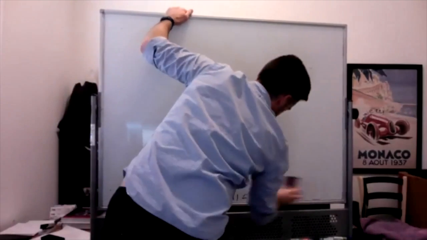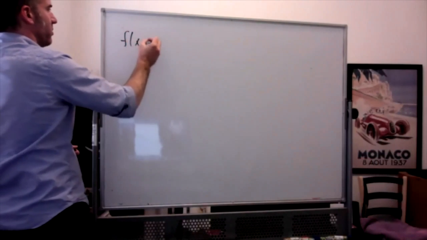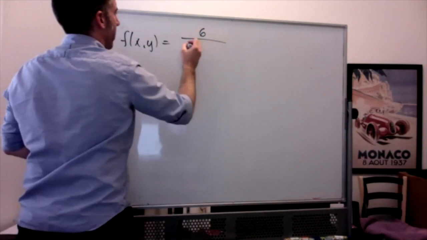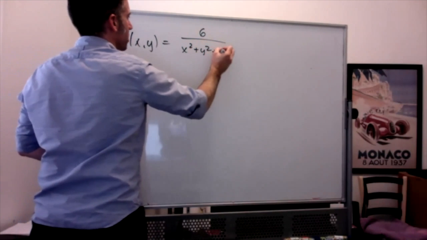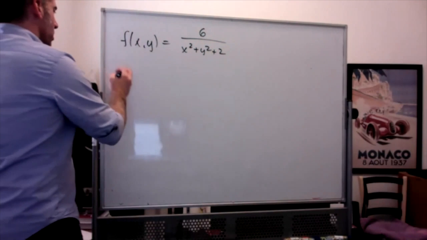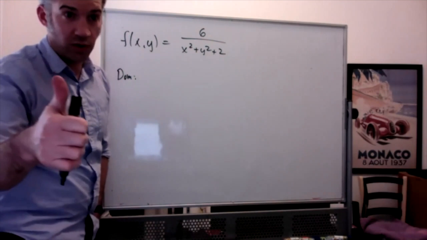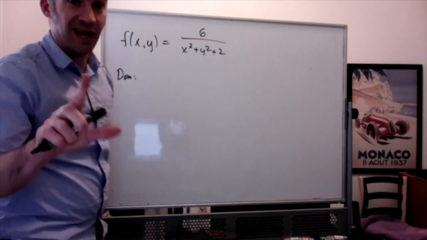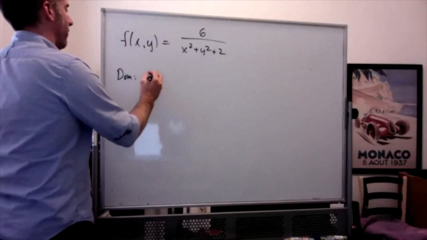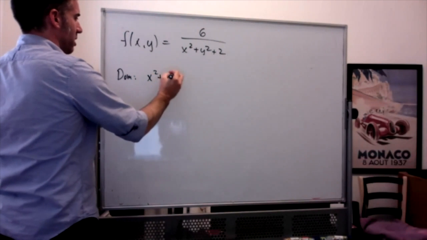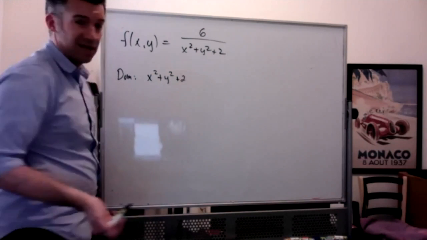So let's see here. Sure, let's do this one. Let's say my function was, I'm going to do this one quick because we only got 3 minutes, 6 over x squared plus y squared plus 2. Domain: there's no issues, no square roots, no logarithms, and there's no way we could be dividing by 0 because the denominator is never equal to 0.